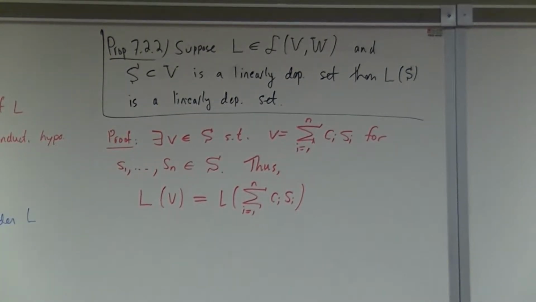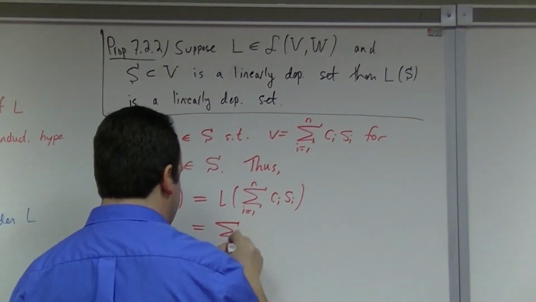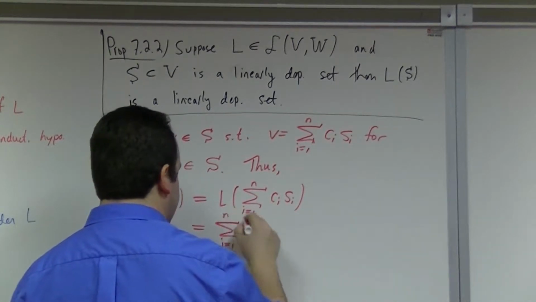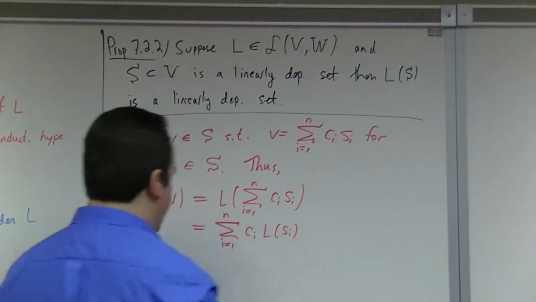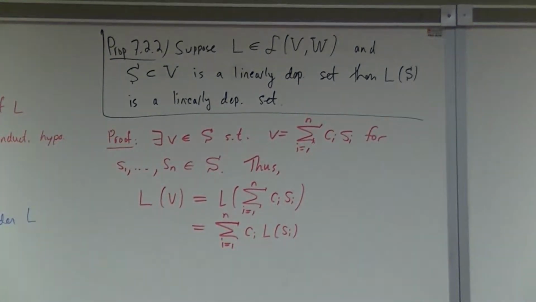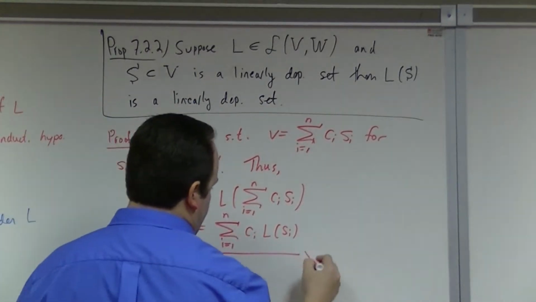We could pull the constants out, right? And then what do we have then? So what I've shown you right here, this equal to that, if you call it star.